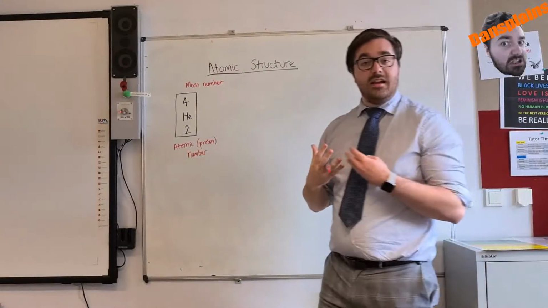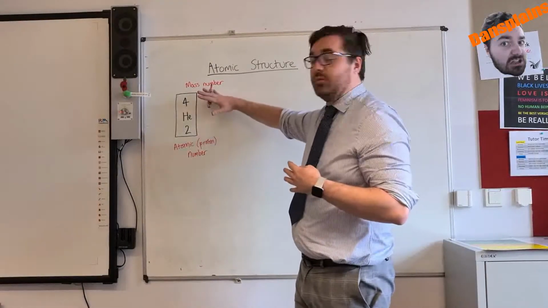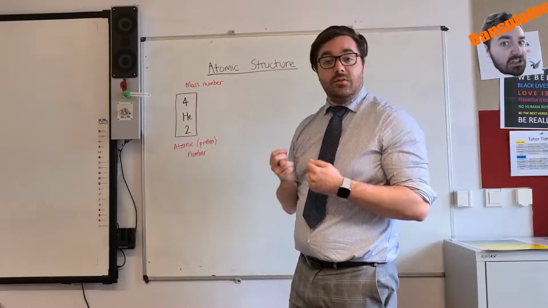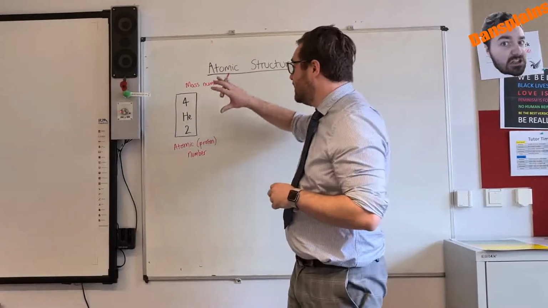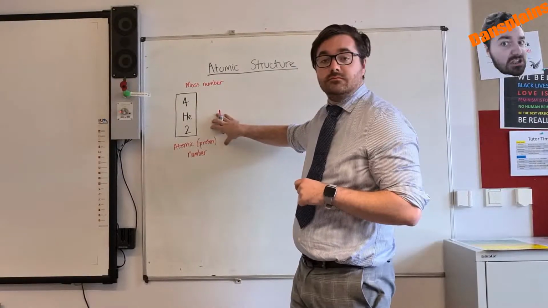Now, as a rule of thumb, we're going to be using the bottom one first, and then we'll use the top one. If you ever are confused which one is which, if you look at the top of your periodic tables, it has it in a key. So you should never forget this.